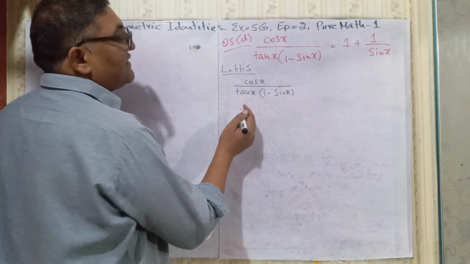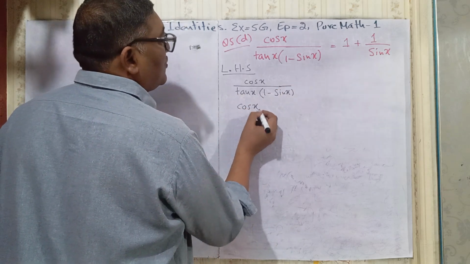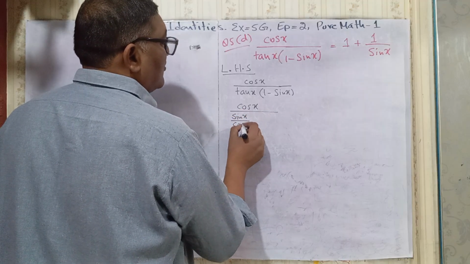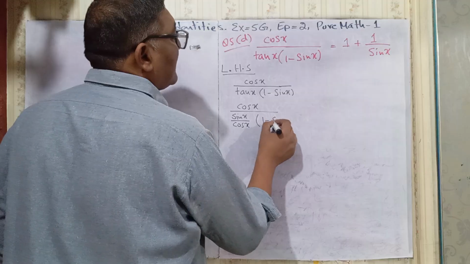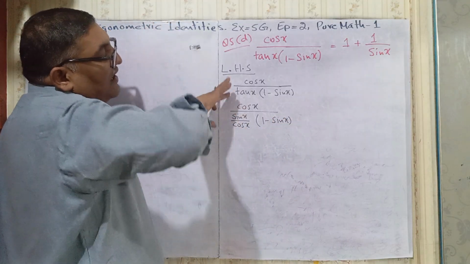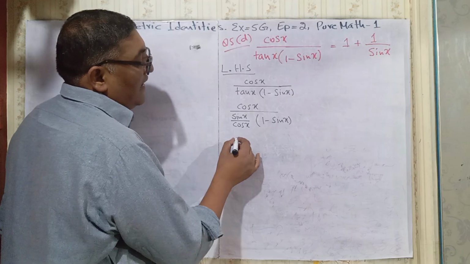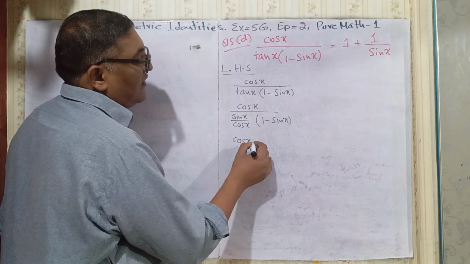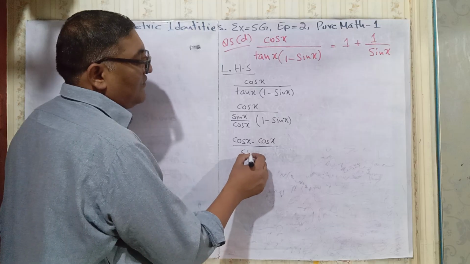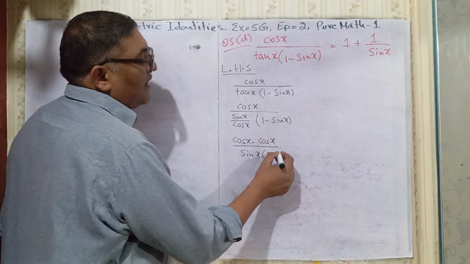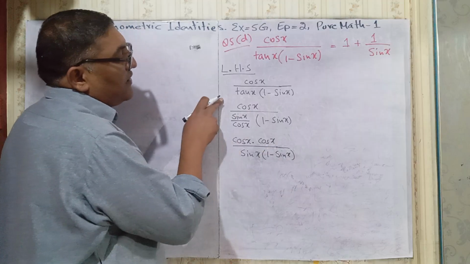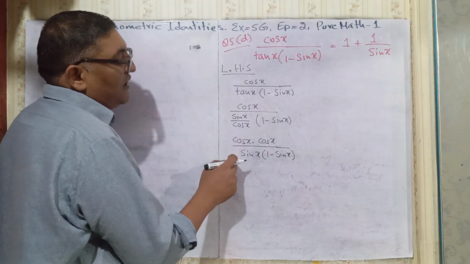In place of tan x, you can substitute sin x by cos x, times (1 − sin x). When this fraction comes upstairs, you will have cos x times cos x divided by sin x times (1 − sin x).